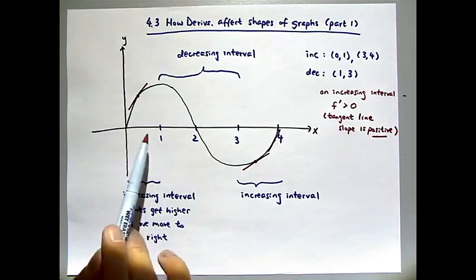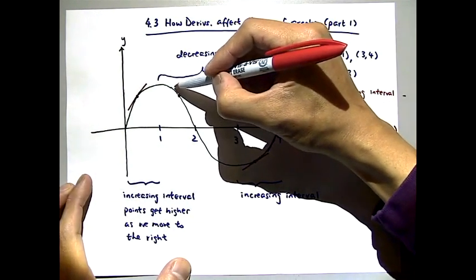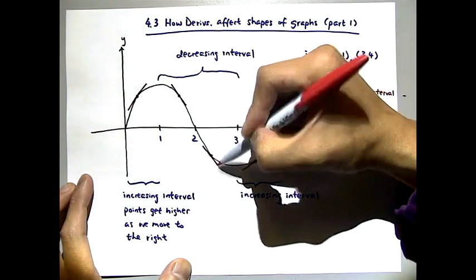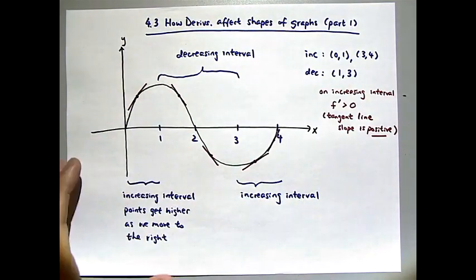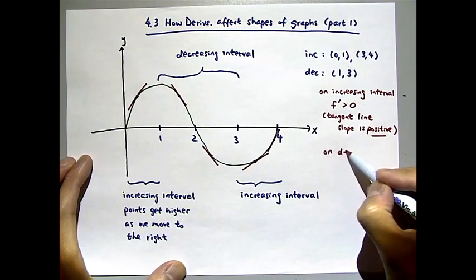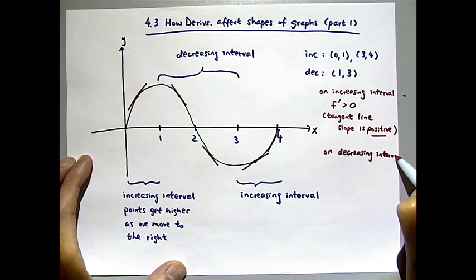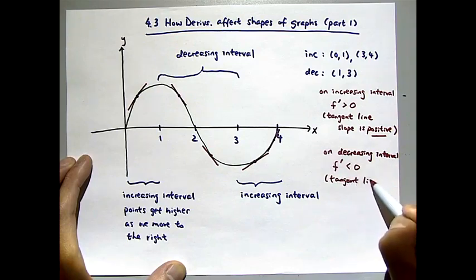Conversely, if you go to the decreasing interval from 1 to 3, pick any point you want, right here, let's say, or any other point, right here. Doesn't matter where you go, you're always going to see a negative tangent line slope. So we notice that on a decreasing interval, f prime is less than 0. That means the tangent line slope is negative.